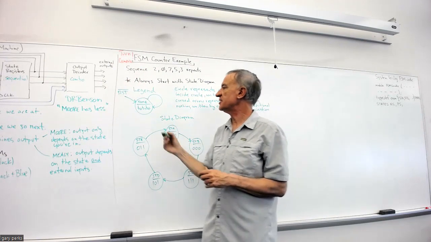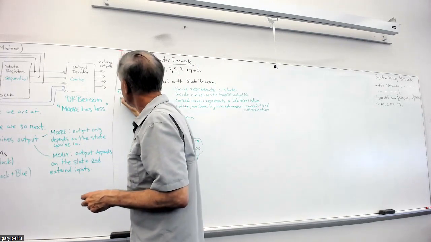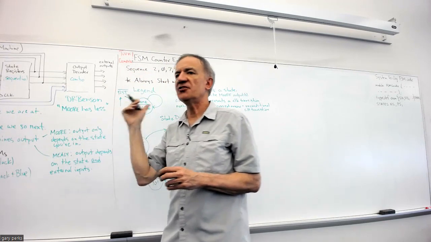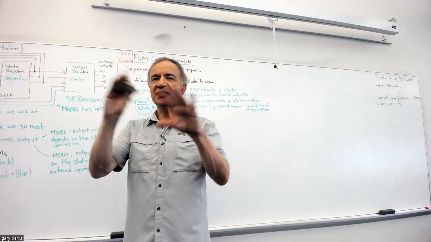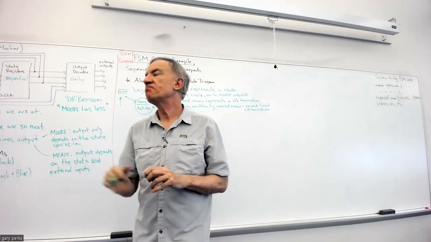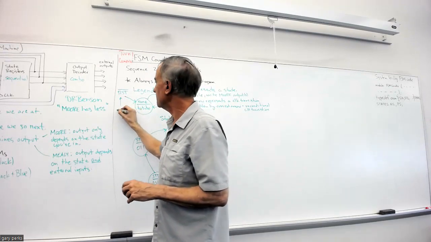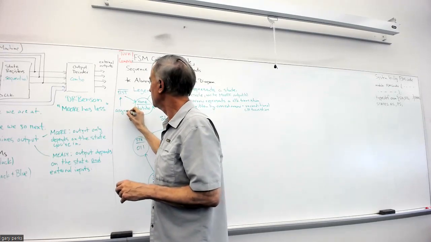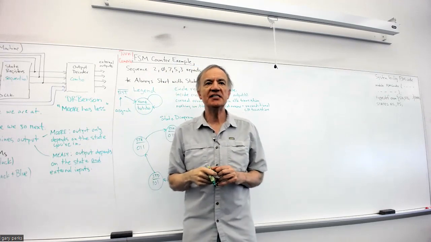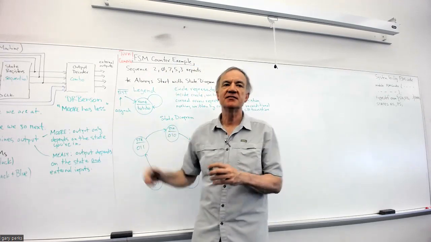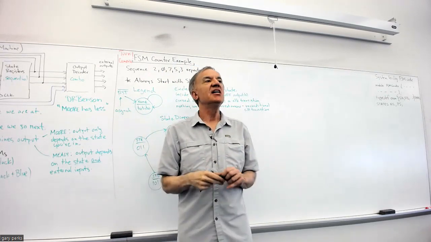There's no real way to show this pictorially, so you would just have to make a note. We're going to make this active low reset asynchronous. So you just have to write that it's asynchronous or synchronous.